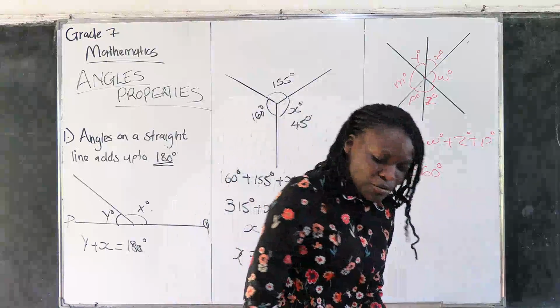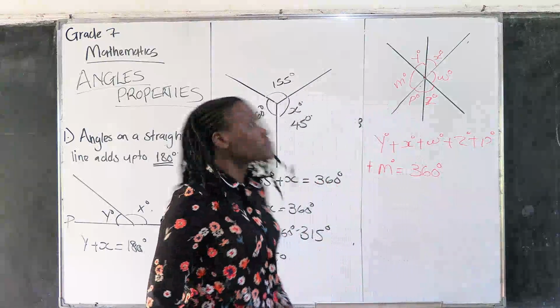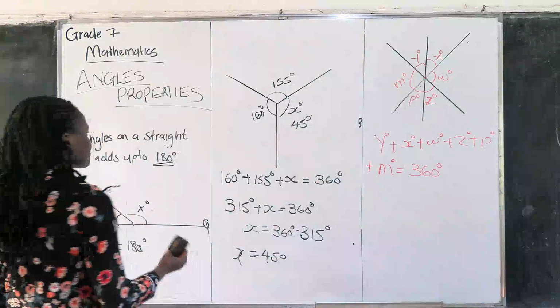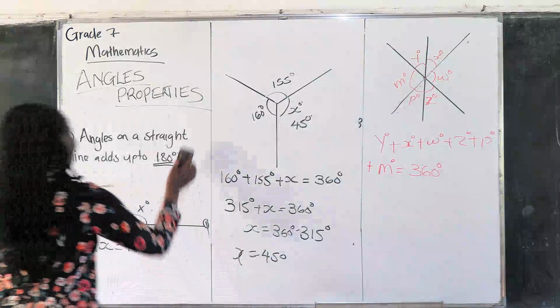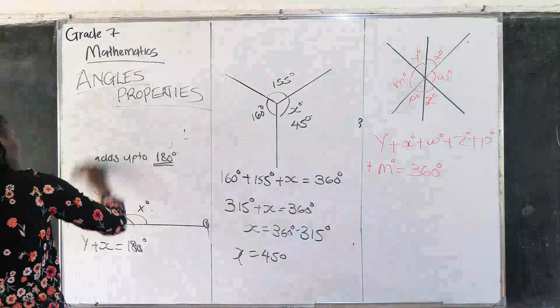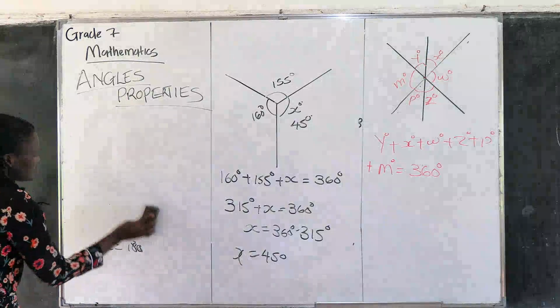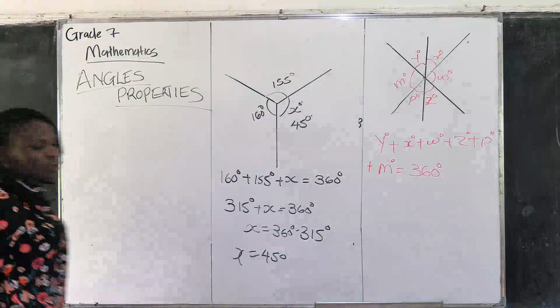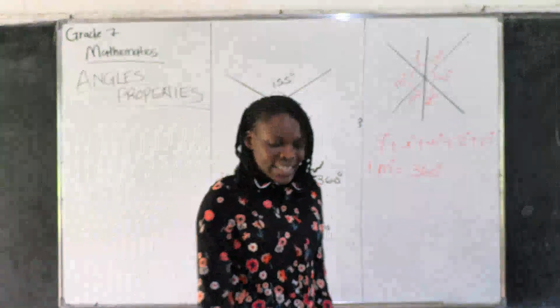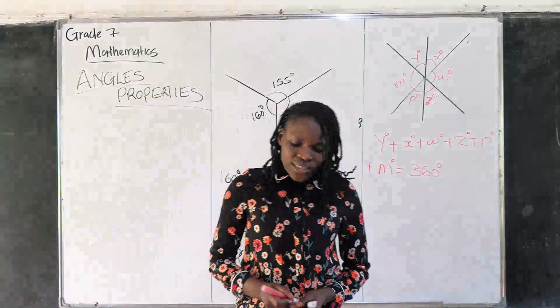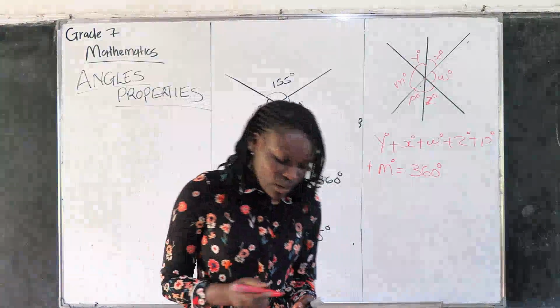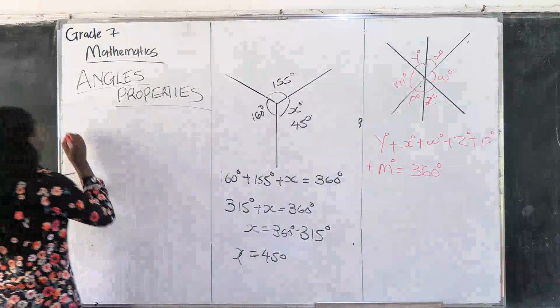Let's move to the third property. The third property that I want us to know is alternate angles are equal.